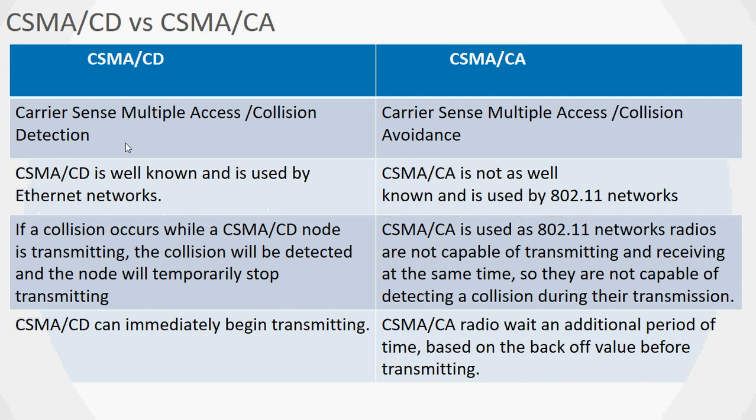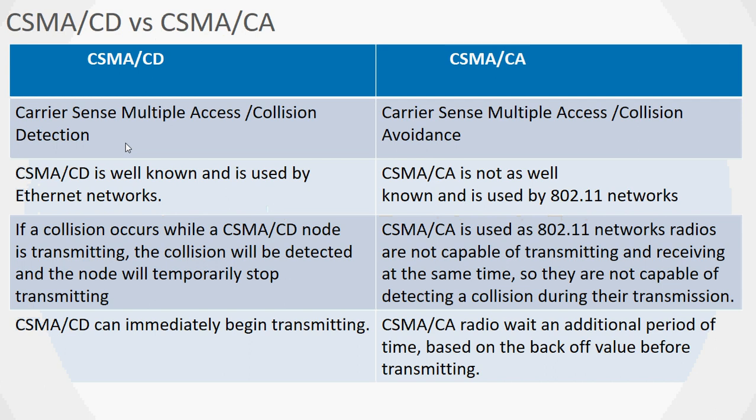The first one is carrier sense multiple access collision detection. As its name implies, it is possible with this method to detect collisions. Majorly it is used in a medium which is full duplex, or capable of detecting the collision. The other is CSMA/CA, which is not capable of detecting the collision, so it uses collision avoidance.